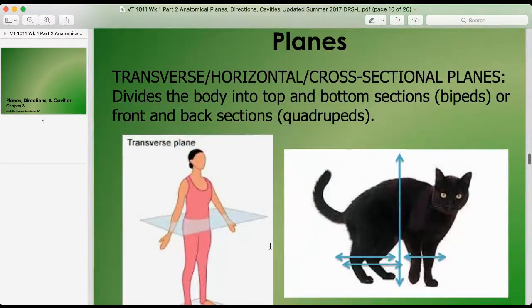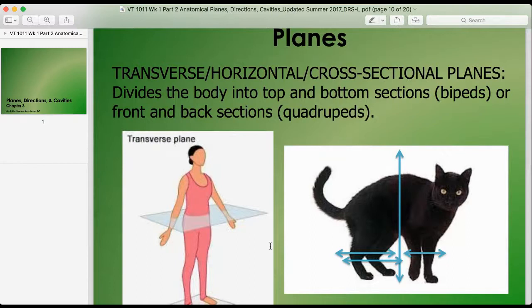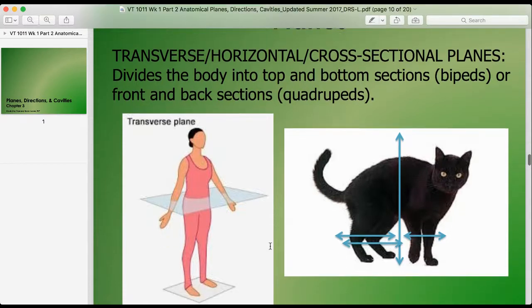Some other planes that we look at, we have a transverse horizontal cross-sectional plane. And this will divide the body into top and bottom sections when we're a biped, or into front and back sections. So if you can imagine the cat standing up on its hind legs, those lines are actually going then in the same way. So we have our front and back sections. These are transverse planes.